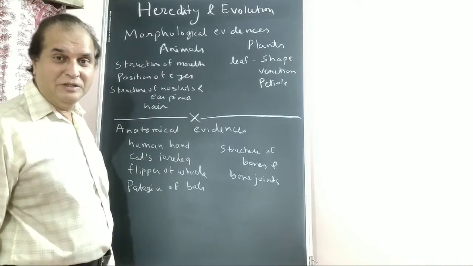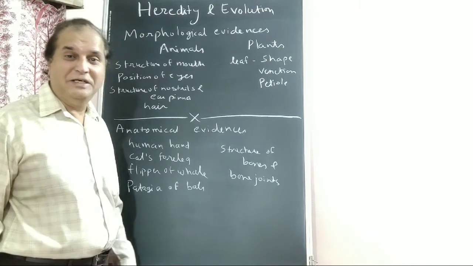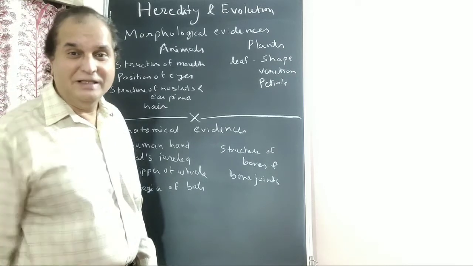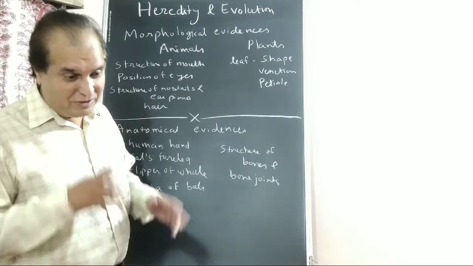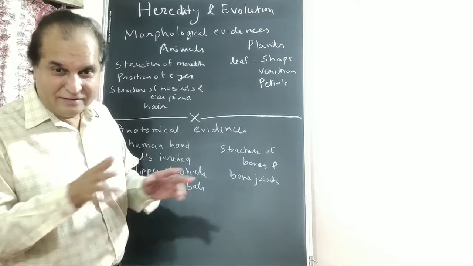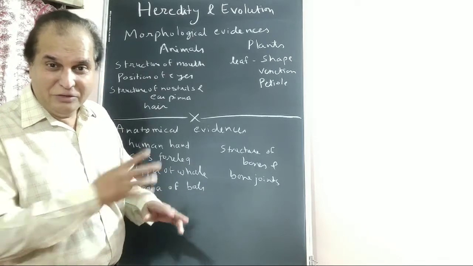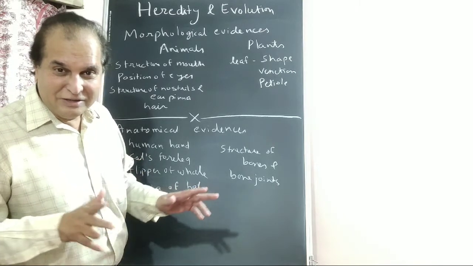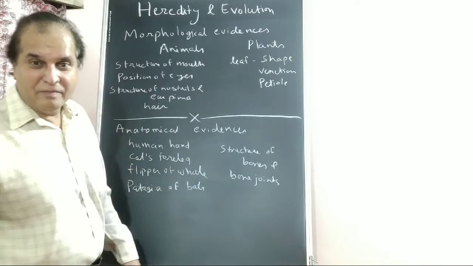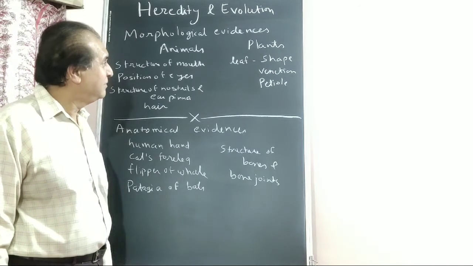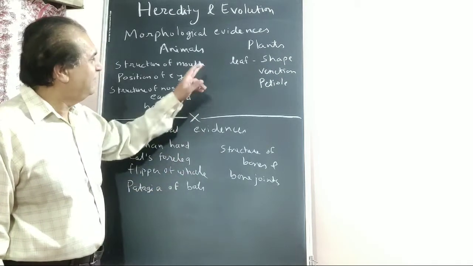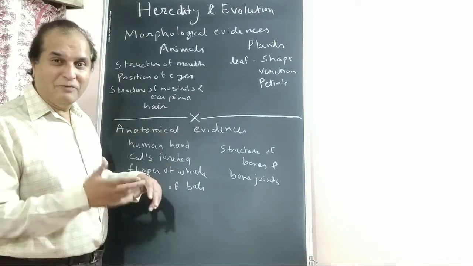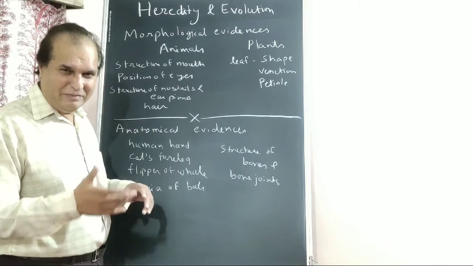What does this prove? This proves common ancestry. All have common ancestors. It originated from one ancestor, and then due to mutation of genes, structures changed slowly. Understanding? Plants also, see the shape of the leaf, mostly the same.